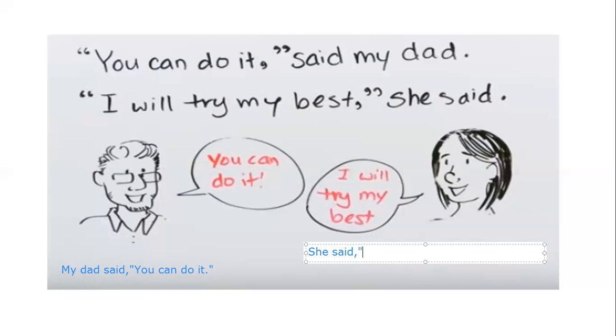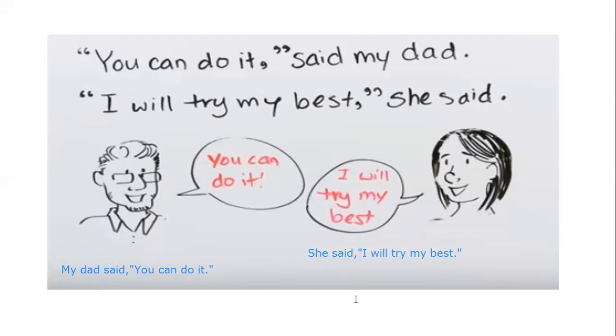Then I will use the quotation marks to write the exact words. "I will try my best." I will keep space between the words. Then, because it's the end of my statement, I will use the period. Okay.